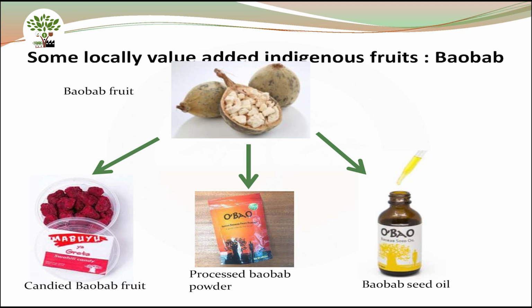But when you process the baobab powder, the white powder that you're seeing around the seeds, it has one of the highest vitamin C levels known in any fruit, higher than the orange. And then the seed kernel, when you break it, it has processed baobab seed oil, which is high in vitamin E and used in cosmetics, a highly valuable oil.